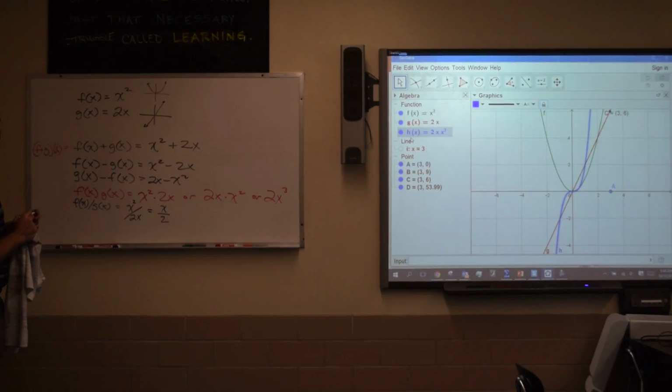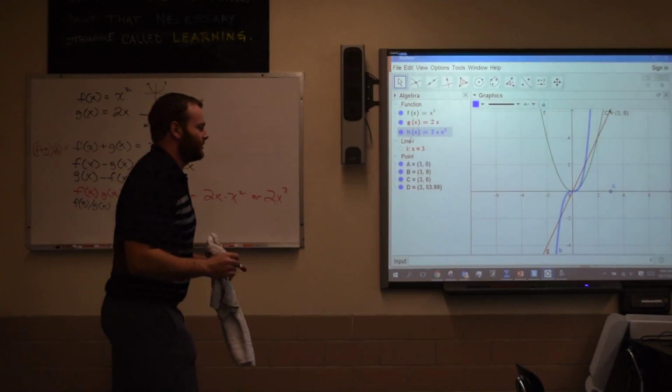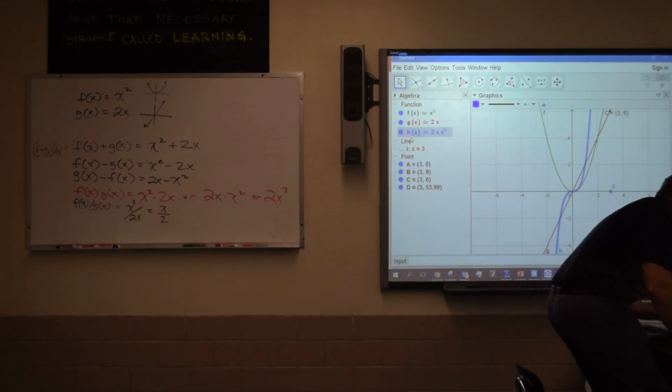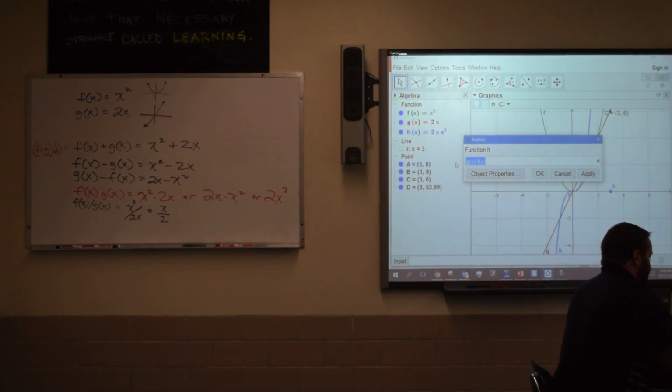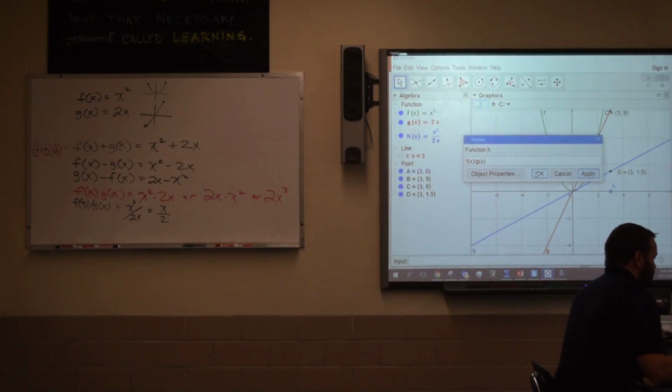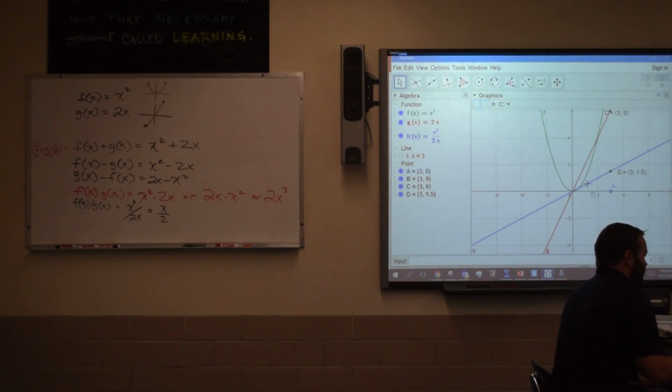Okay. And if we graph that, so if I did f divided by g, okay, it didn't cancel things out, but that's just x over 2.